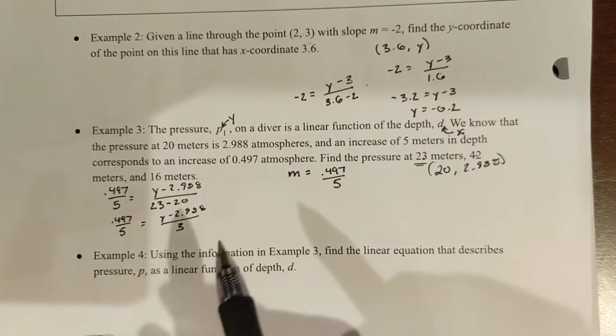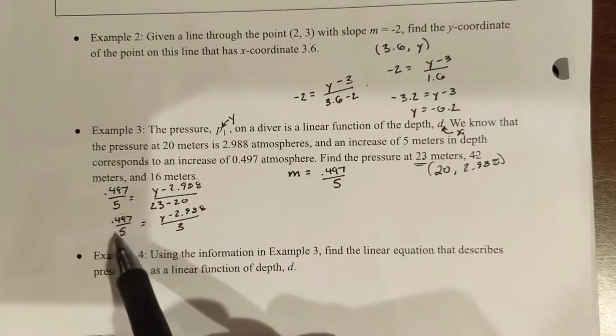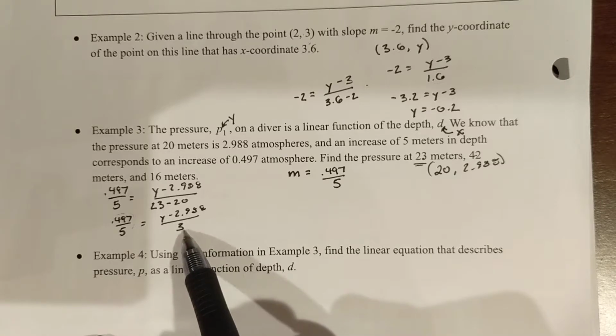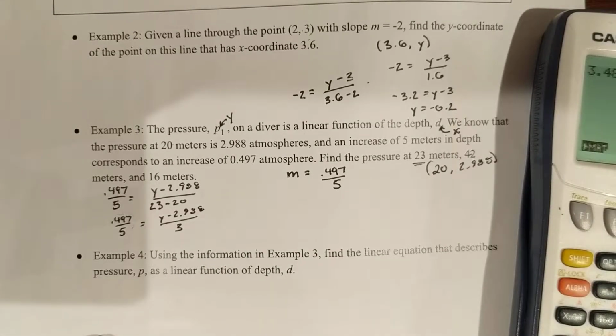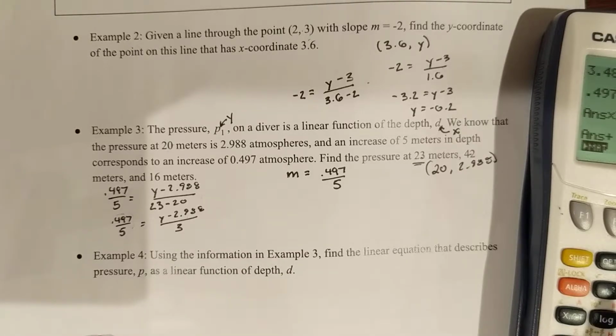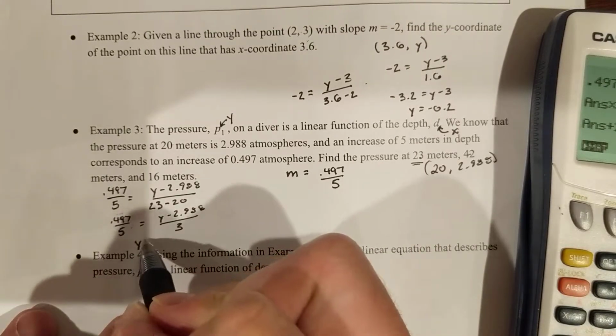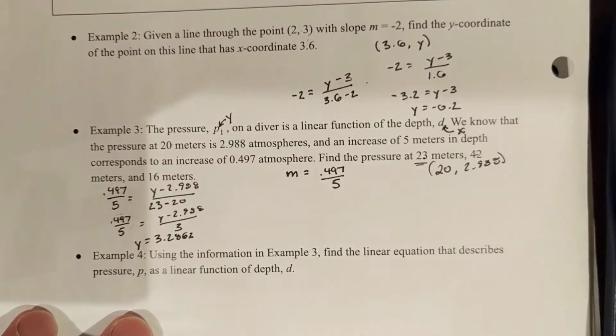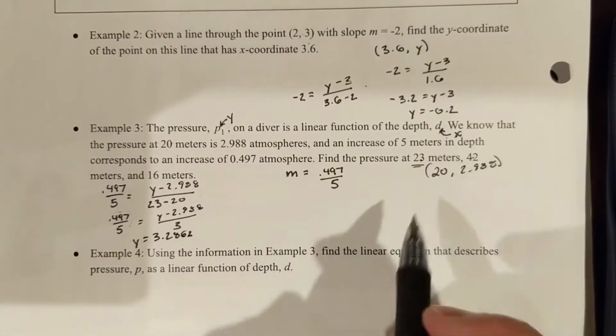So I'm going to do a couple steps at once here. I'm going to divide this 0.497 by 5 and then multiply it by the 3 to move it across. So 0.497 divided by 5 is 0.0994, times 3 is 0.2982, and then I need to add that number across, so plus 2.988. So the y value here is 3.2862. And you can repeat that process for all these different depths.